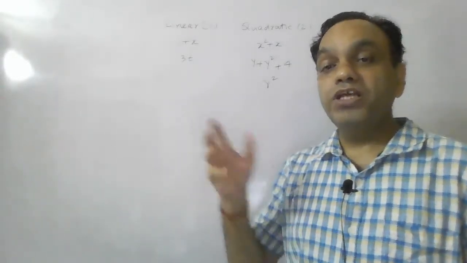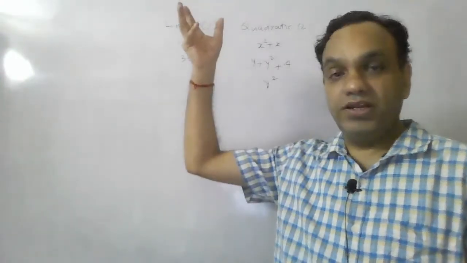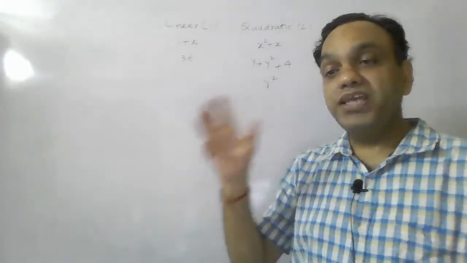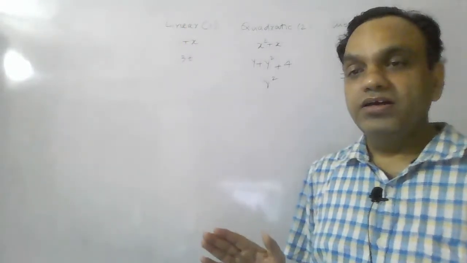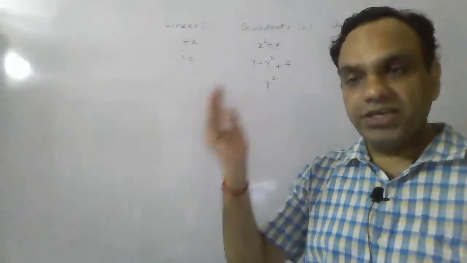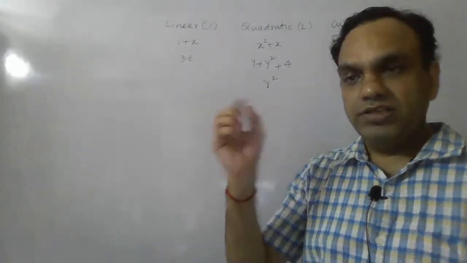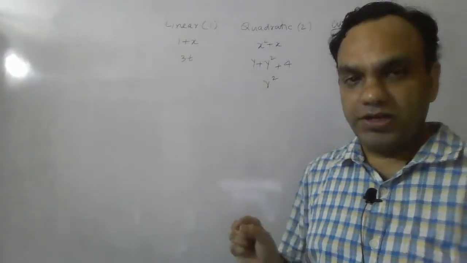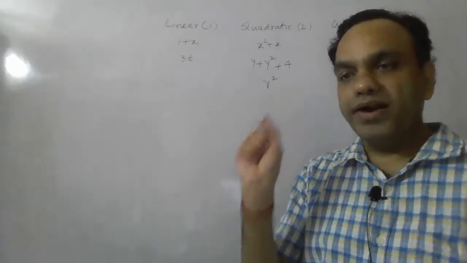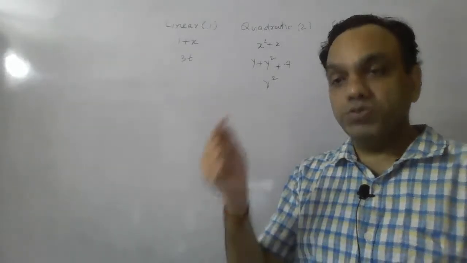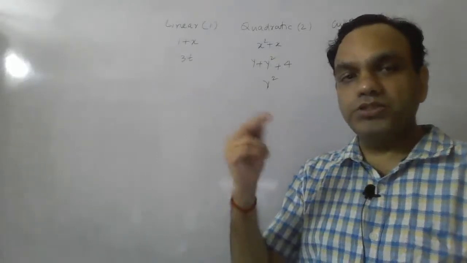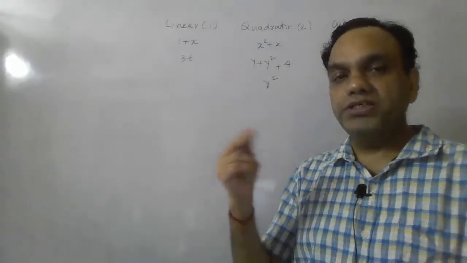If the power is 4, we say quadra polynomial. If power is 8, we say octa polynomial, but that is not required. Basically, whatever is the highest degree, that is known as that order polynomial. Linear, quadratic and cubic are very famous. For linear, power is 1, quadratic power is 2, and cubic power is 3.